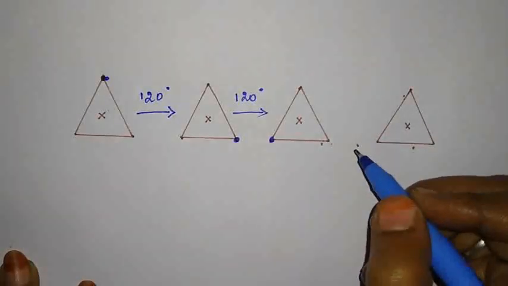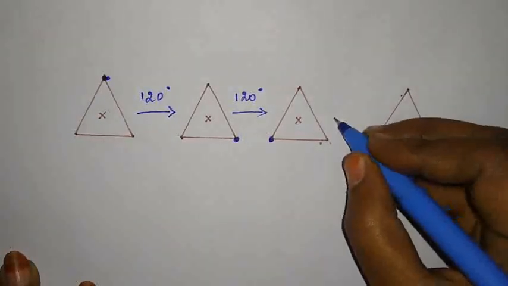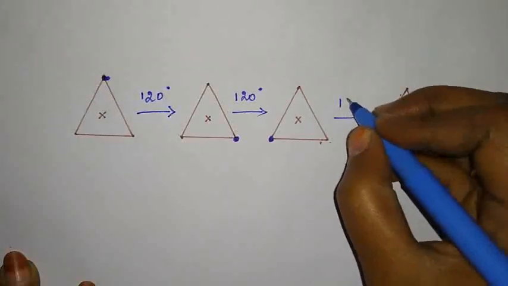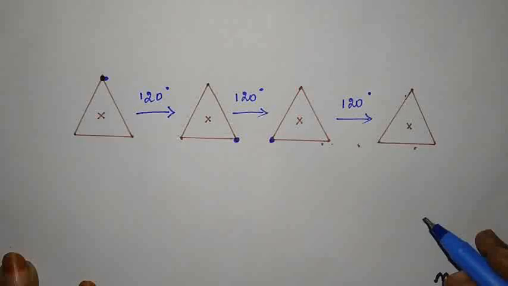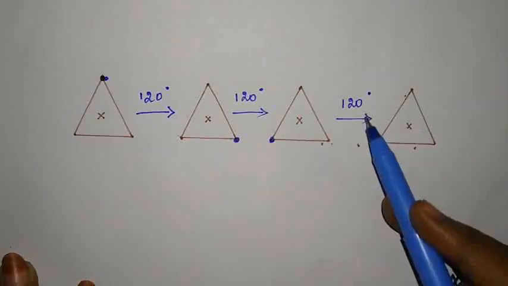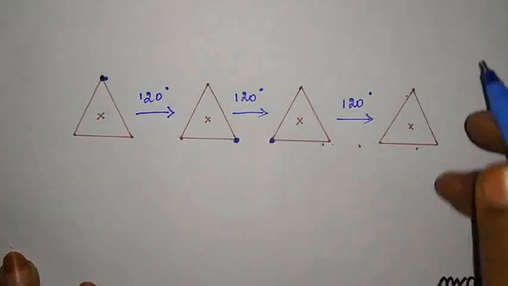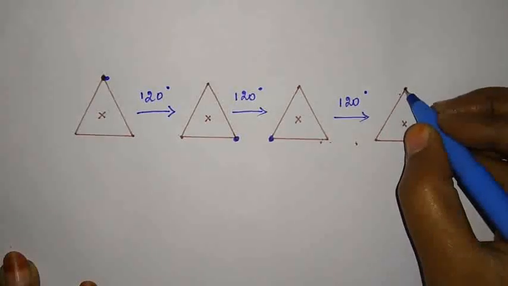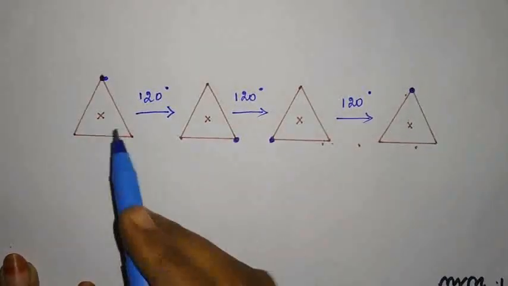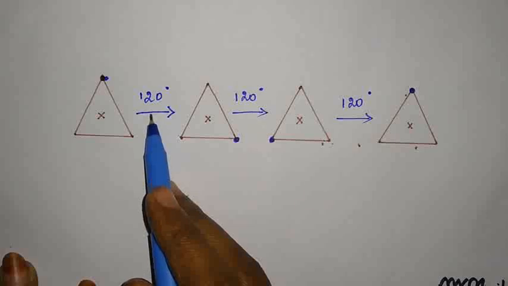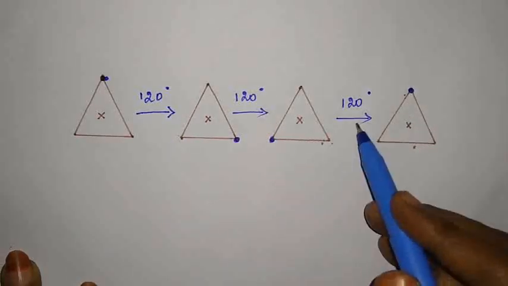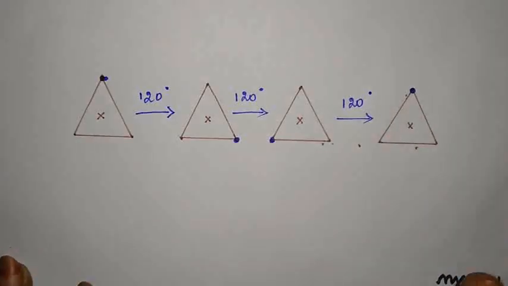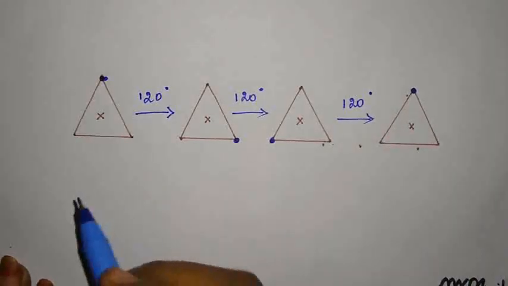And last we rotate 120 degrees again, and we get back the initial position of this image. So this is the first order of symmetry, this one is the second order of symmetry, and this is the third order of symmetry.